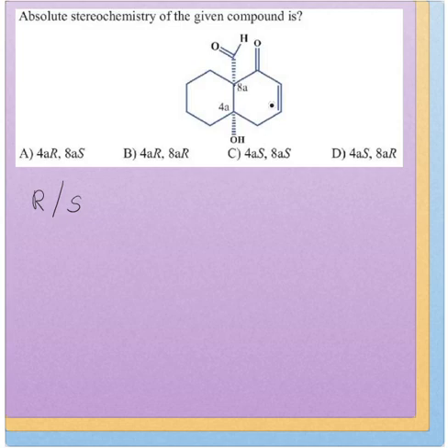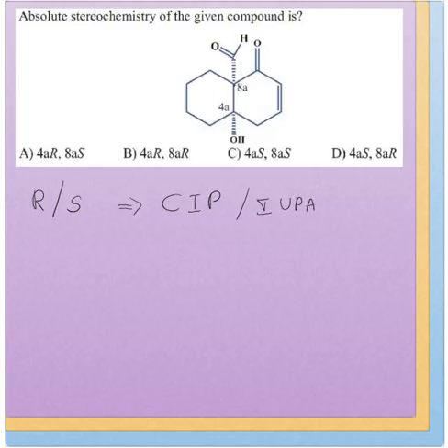Students, before you start solving this example, you should know the CIP rules, Cahn, Ingold, Prelog rules by the IUPAC nomenclature, how to give the R and S configuration for the given molecule. Just to make it clear, let me briefly explain the rules.